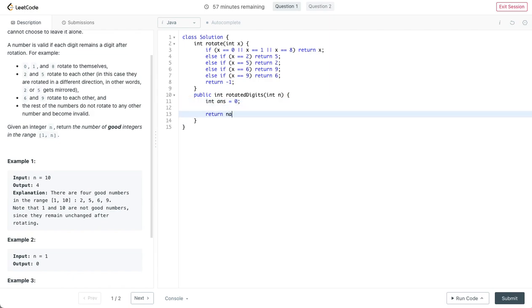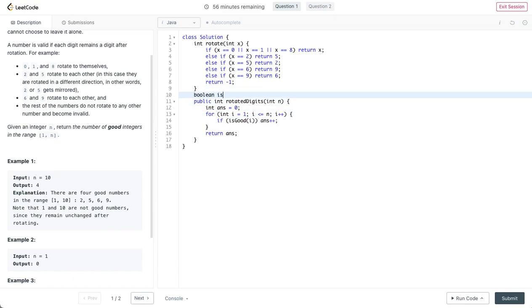Zero, return answer here. Basically, I just do the brute force first, from 1, and try to rotate all numbers. If it is good, then answer plus one. Boolean isGood, x here.